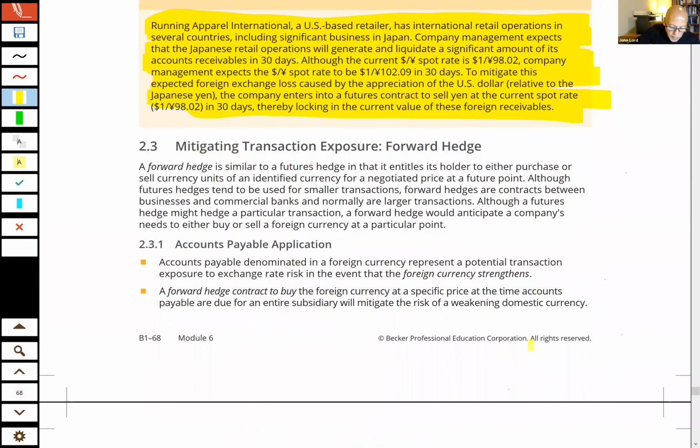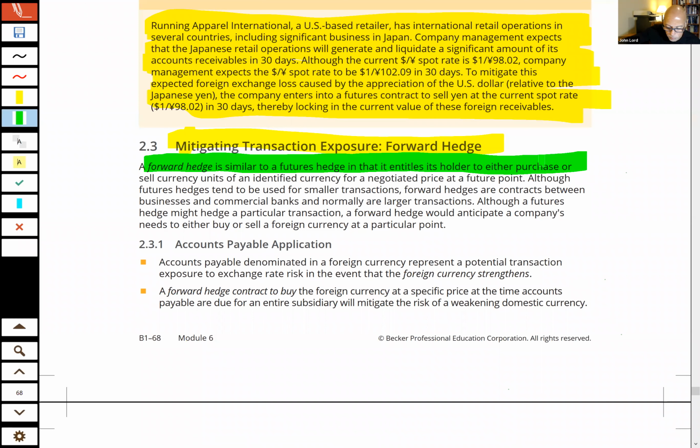Let's take a look at how to use a forward hedge. So we used futures. Let's look at forward hedges. A forward hedge is similar to a future that entitles the holder to either purchase or sell currency at an identified currency for a negotiated price at a future point.